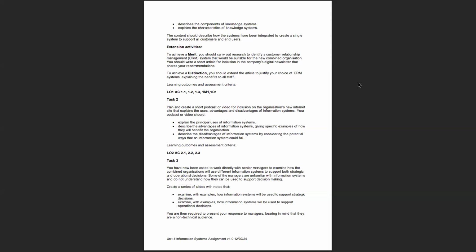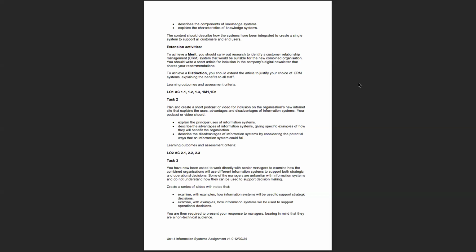Task number 3, you have now been asked to work directly with senior managers to examine how the combined organization will use different information systems to support both strategic and operational decisions. Some of the managers are unfamiliar with information systems and do not understand how they can be used to support decision making.